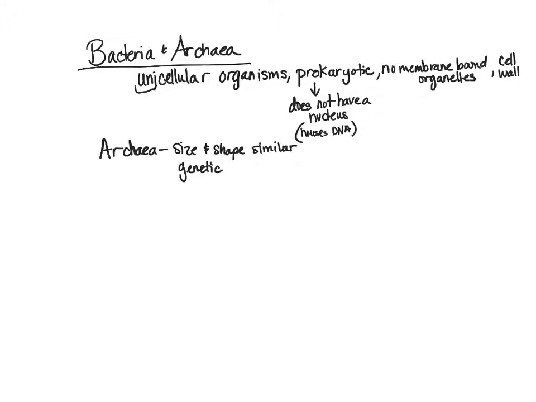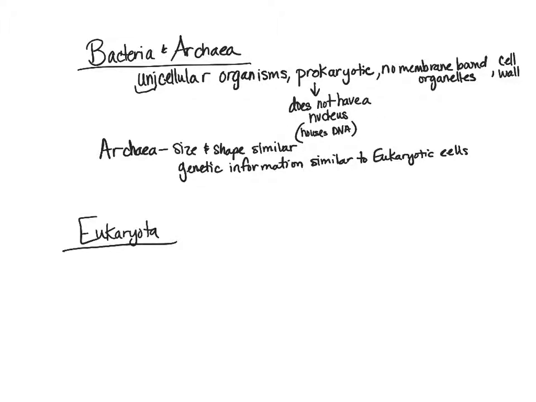So that's the general overview of bacteria and archaea. We're going to focus most of our energy on the third domain, which is eukaryota. So our three domains again are bacteria, archaea, and eukaryota, or eukarya.